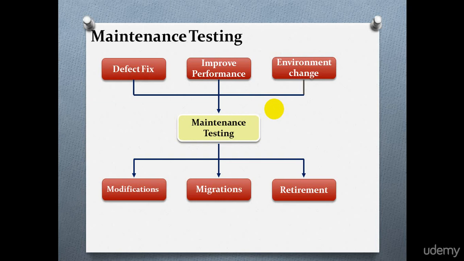And the last one is retirement. So maintenance testing for retirement refers to the testing of data migration, or if data is retained for a longer period and data archiving is considered. Say for example, if the organization is retiring its current software and replacing it with a new one, in this kind of situation we will be doing maintenance testing.